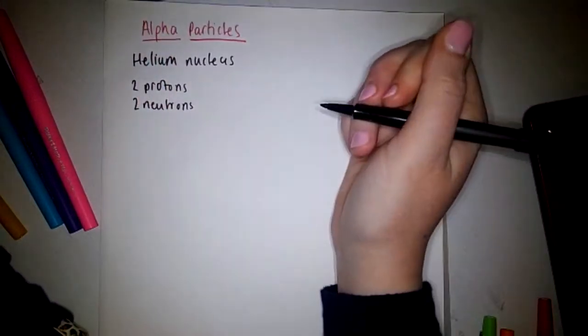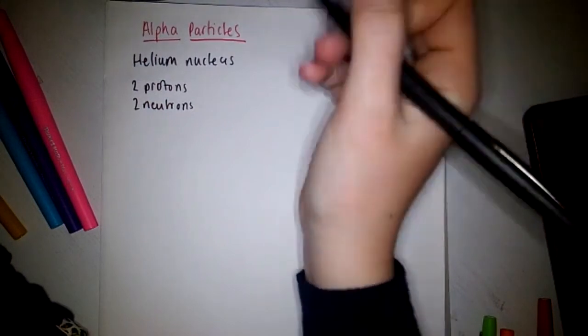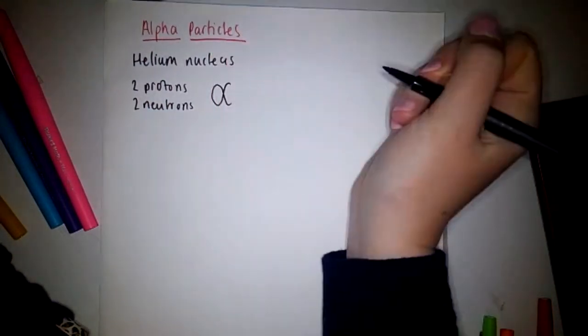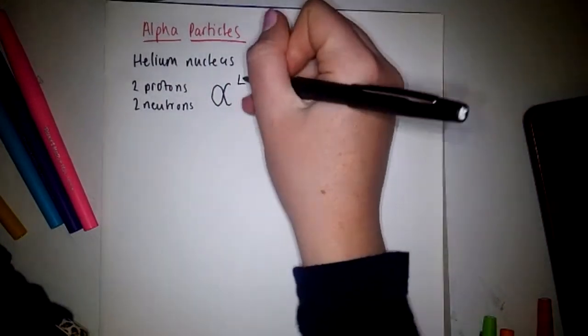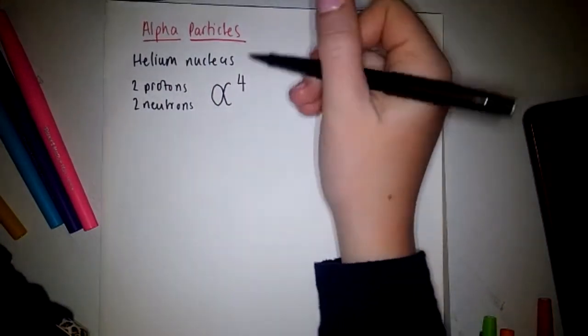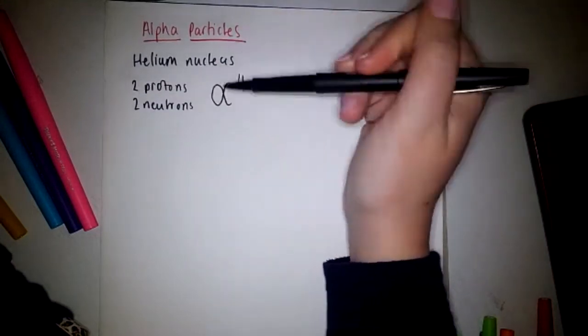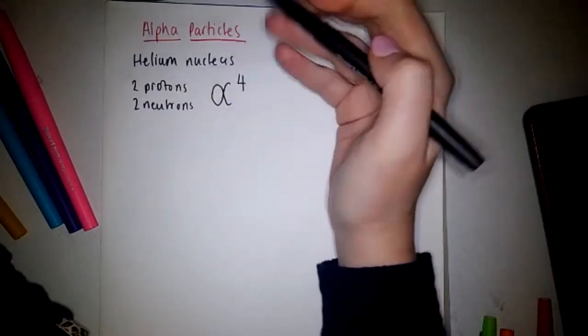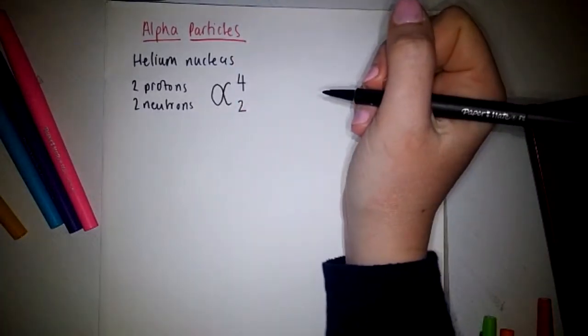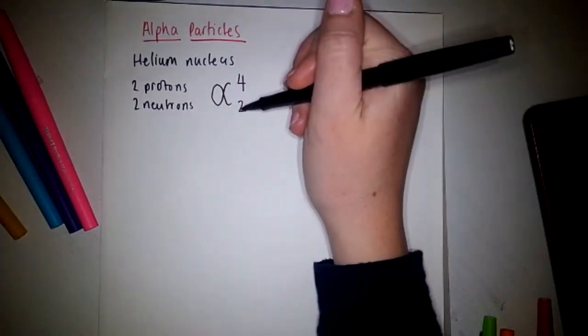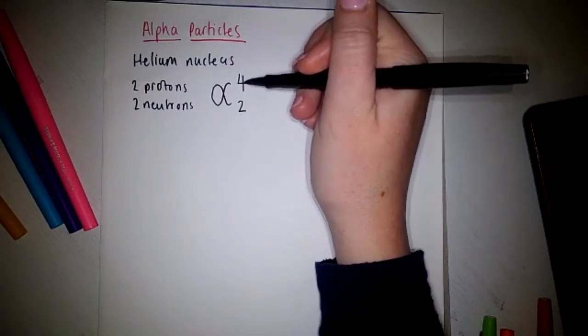So if we're going to represent an alpha particle, we represent it with an alpha symbol, which is like that. And we represent it with a 4 because it's got a mass of 4. 2 protons, 2 neutrons, that's a mass of 4. And we represent a 2 at the bottom. Okay, so it's got 2 protons, an atomic number of 2, and a mass of 4.